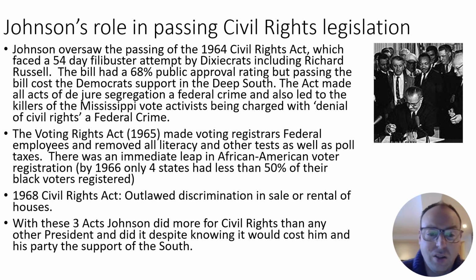And so the '68 Civil Rights Act is another important step forward. So Johnson has, in this way, a very good record. He has passed 3 significant pieces of civil rights legislation which have very important long-term impact, and certainly move the situation of civil rights forward.